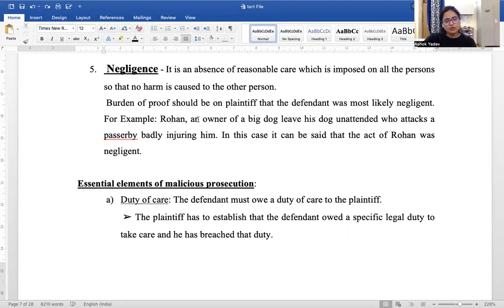For example, Rohan, the owner of a big dog, leaves his dog unattended, and it attacks a passerby, badly injuring him. In this case, it can be said that the act of Rohan was negligent, right?